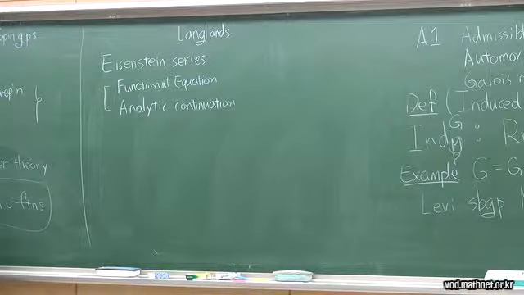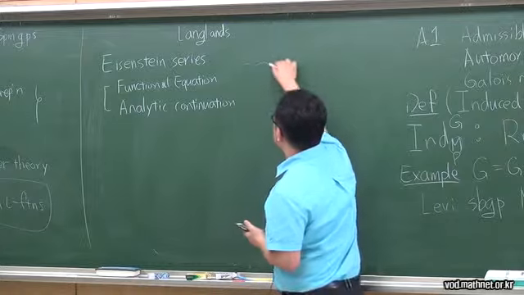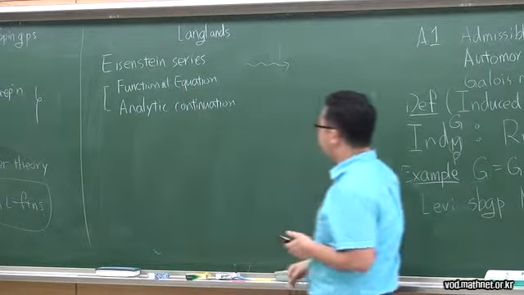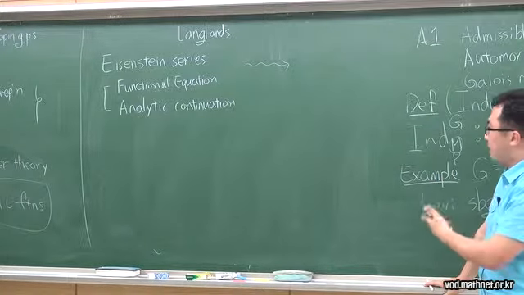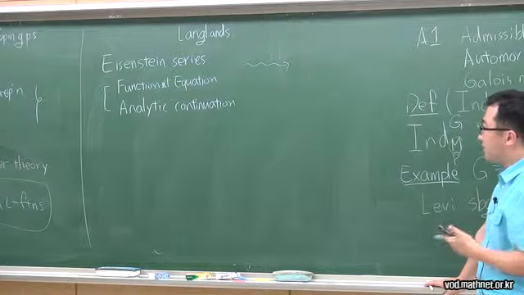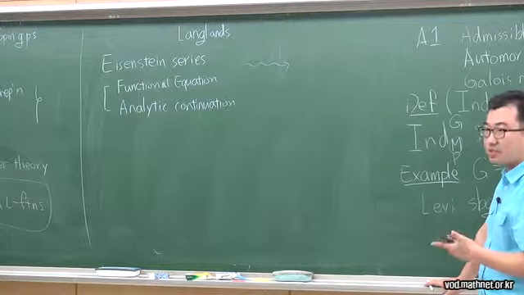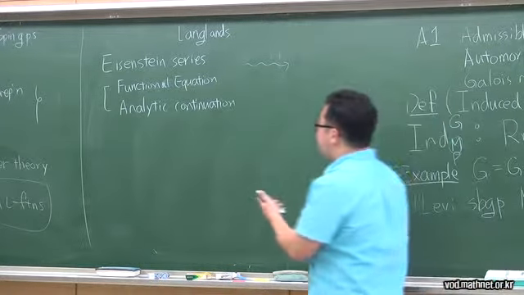And by looking at the constant term of the Eisenstein series, because the Eisenstein series is an infinite series, and this function is a periodic function, it has a Fourier coefficient, so we can calculate the constant term and non-constant terms of the Eisenstein series.